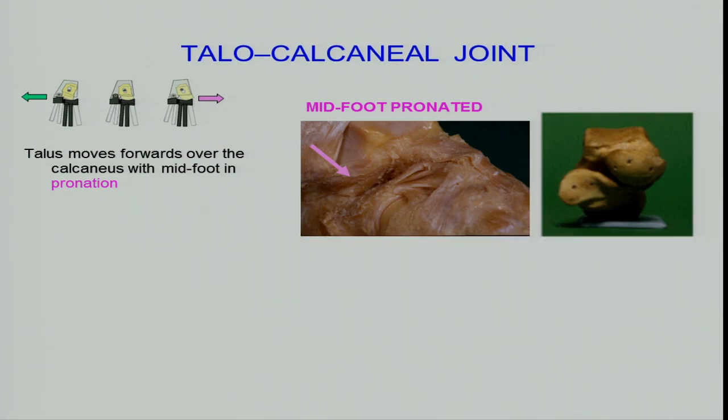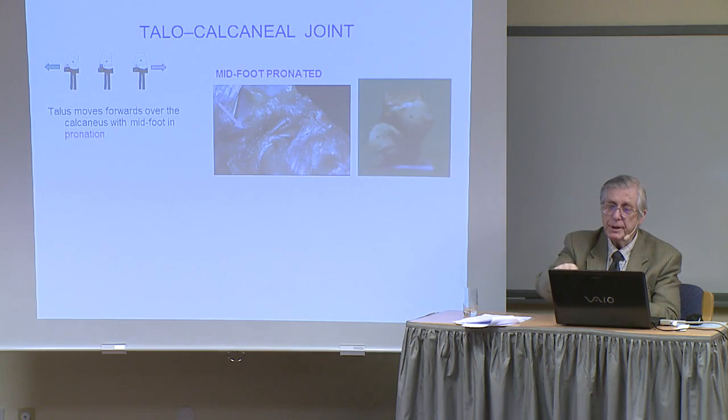So that is the talus moved forwards when there's inward angulation at the transverse tarsal joint. And you can see the calcaneo-cuboid joint is closed laterally, and all the ligaments around the head of the talus are tight because the navicular has been pushed away from the sustentaculum tali and the calcaneus.